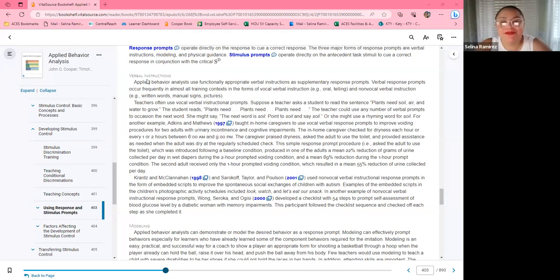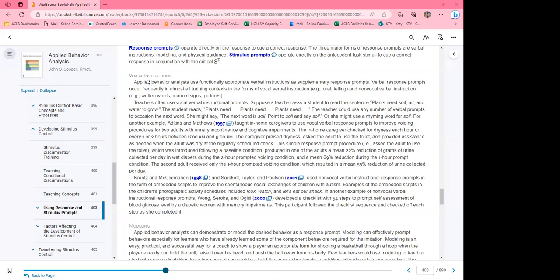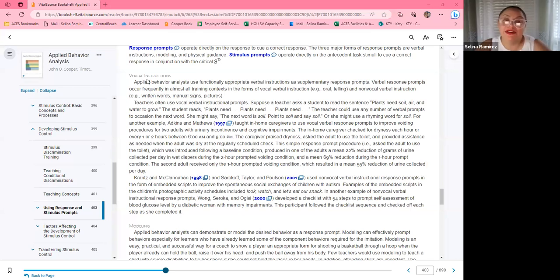Perfect. As she said, they become dependent on the verbal prompt, but the verbal prompt is the hardest prompt to fade. Yes, perfect. That's exactly, you guys said exactly what I wanted you to say. So verbal prompts are the hardest to fade, and they become prompt dependent on that verbal instruction.